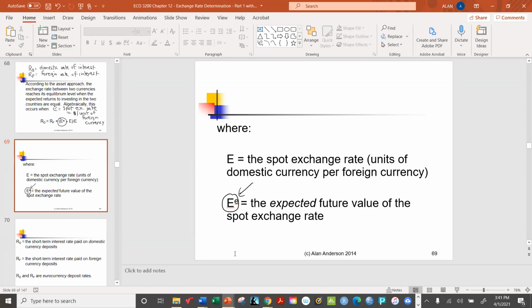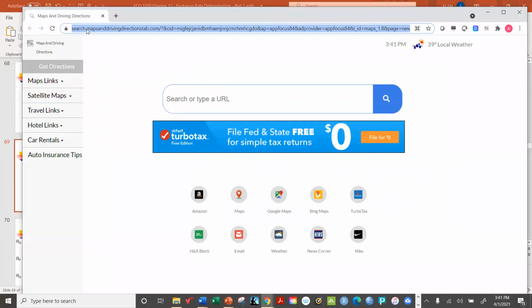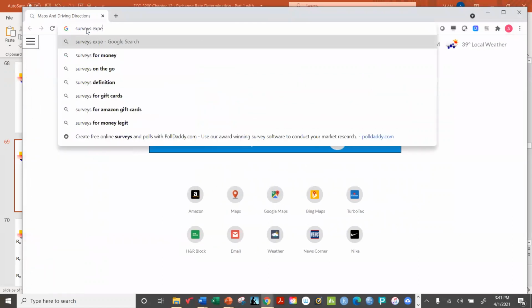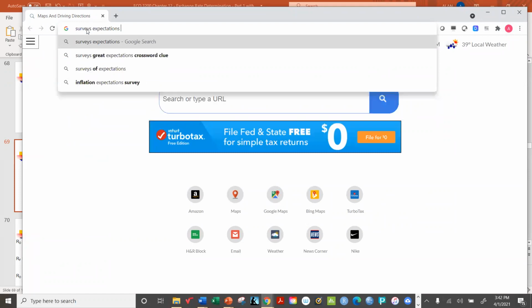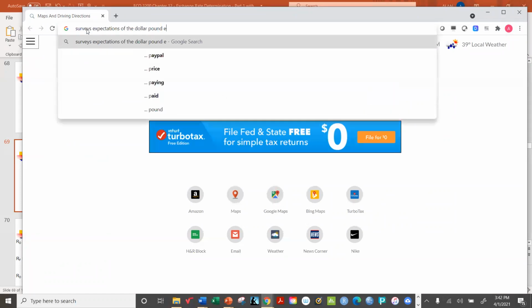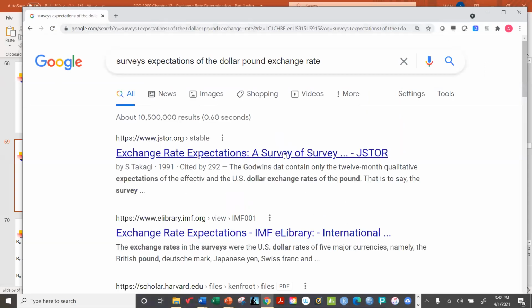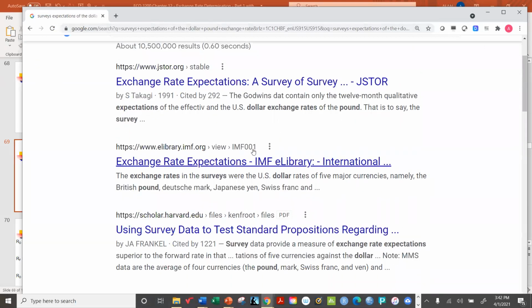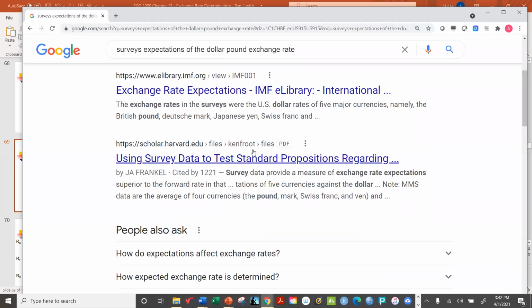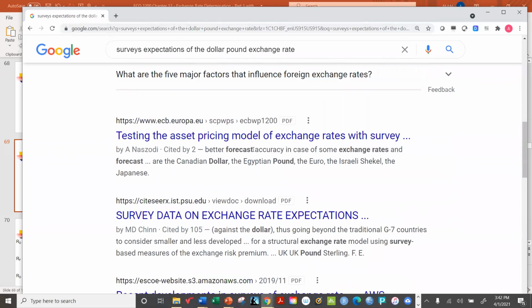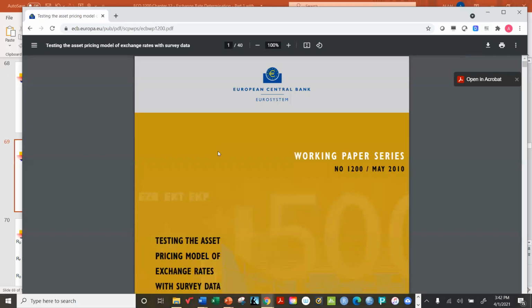In fact, I'm not sure if we can find that information online. I think it might be proprietary, but let's see what we can do. Boy, I don't know.